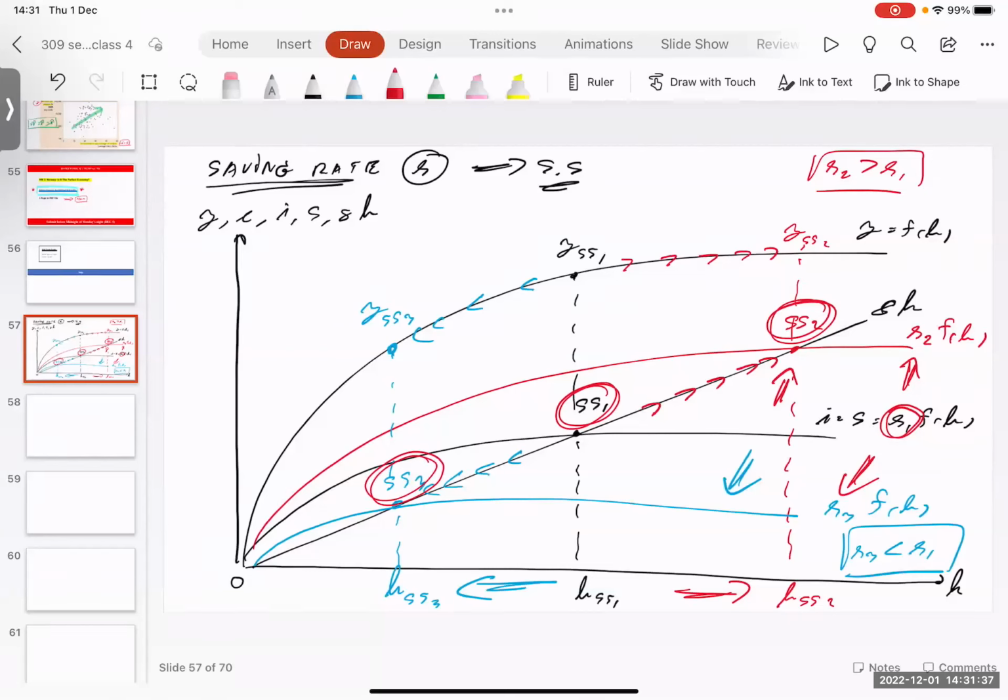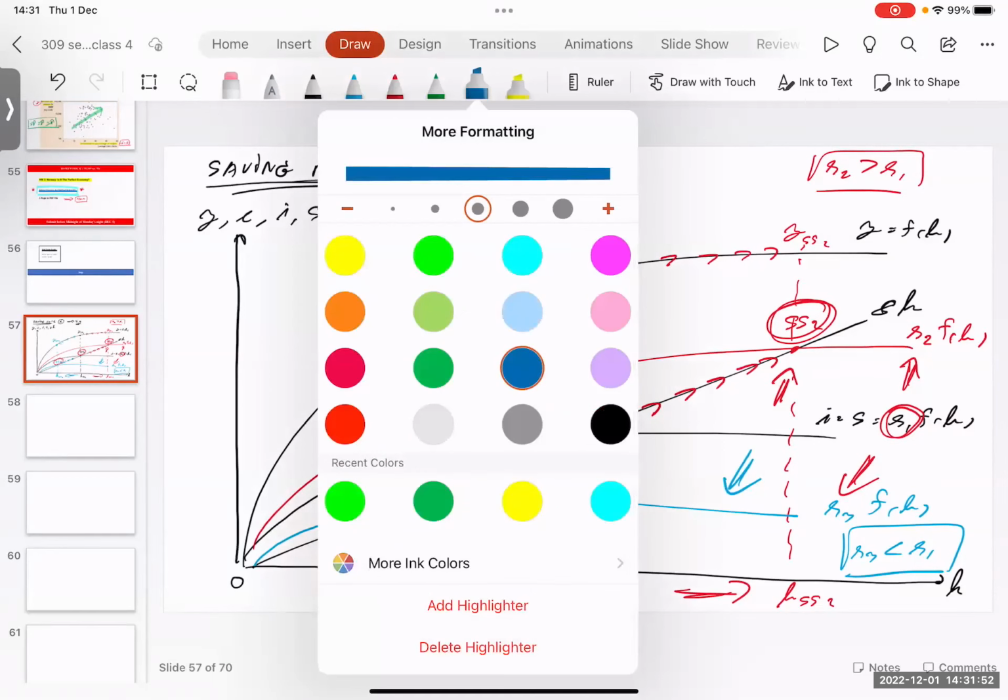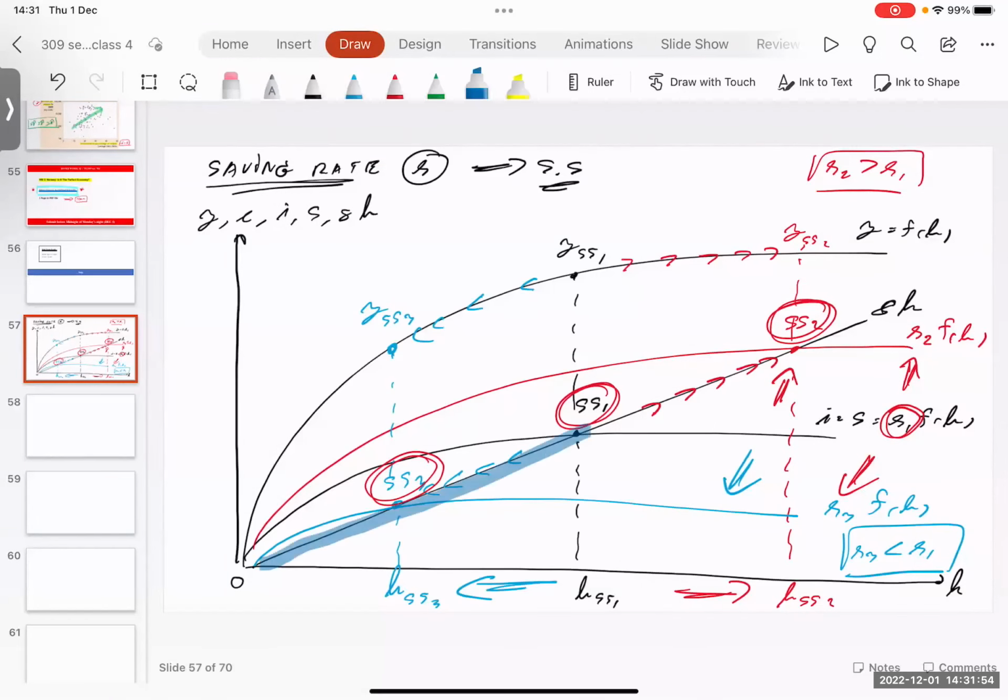So you can control the steady state point if you can control the saving rate. The steady state point can move along this curve, going up or going down, depending on the saving rate itself.